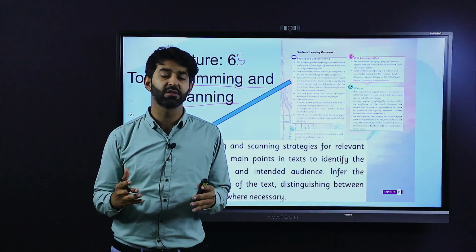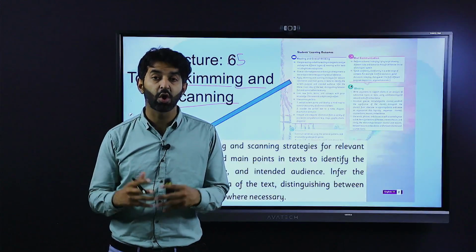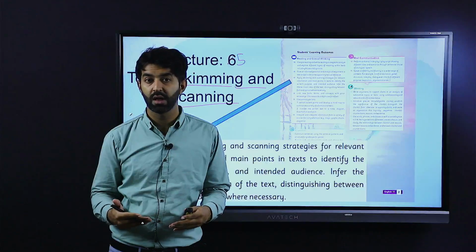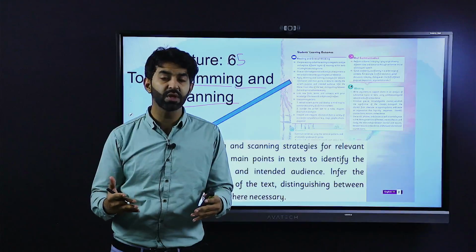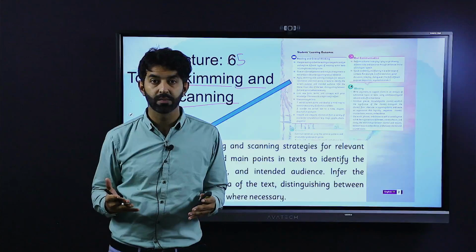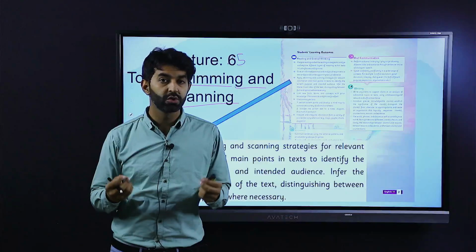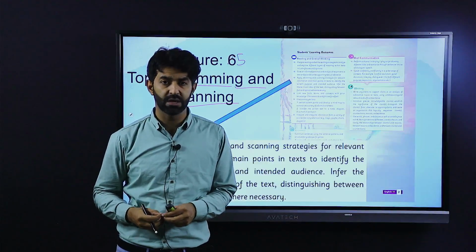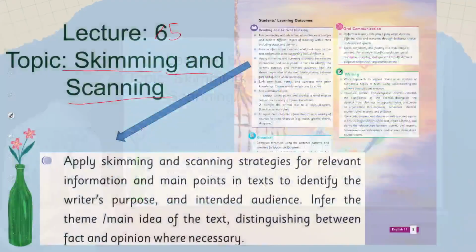Now we are dealing with students' learning outcomes from reading and critical thinking, because we need to enhance our reading comprehension and understanding so that we can read something and then achieve our target of reading and our purpose of reading. So for that reason, today we will be dealing with skimming and scanning. Now let's read our students' learning outcome to see what we are supposed to do.